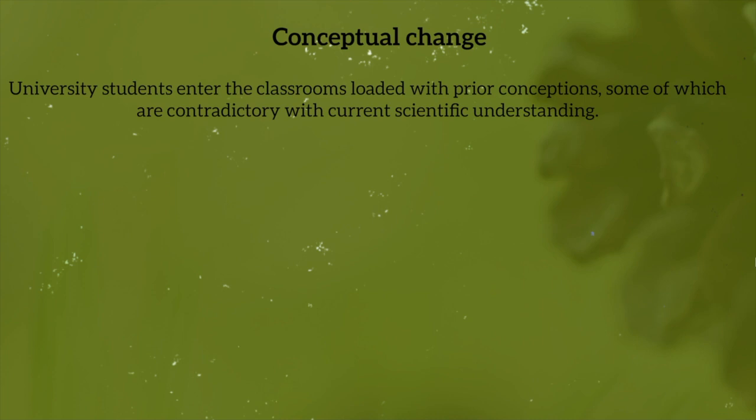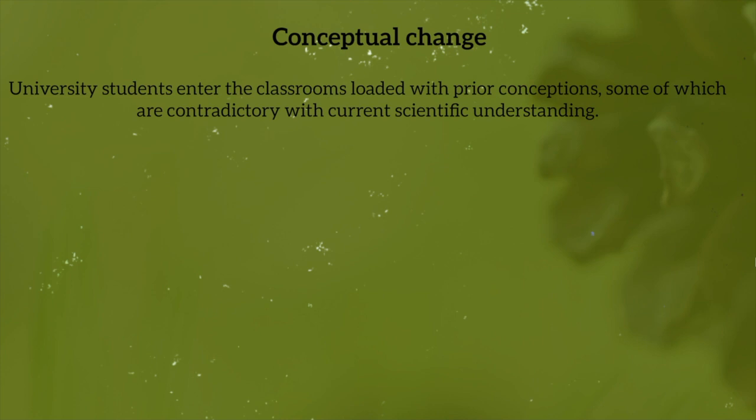Nowadays, there is a lot of research in life sciences and other disciplines showing that university students come to lessons loaded with prior conceptions, part of which are not in harmony with current scientific understanding. This is particularly typical for scientific concepts that often cannot be learned via observations, but whose learning requires systematic and intentional teaching and studying.